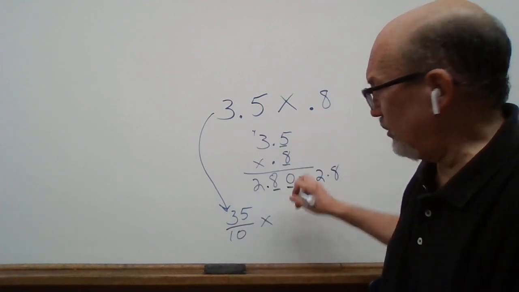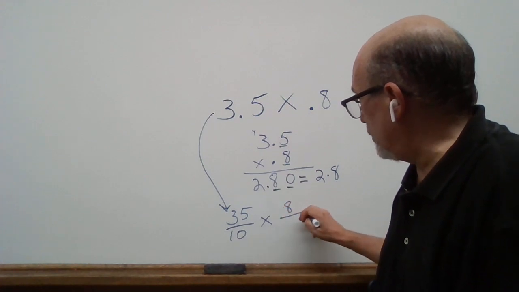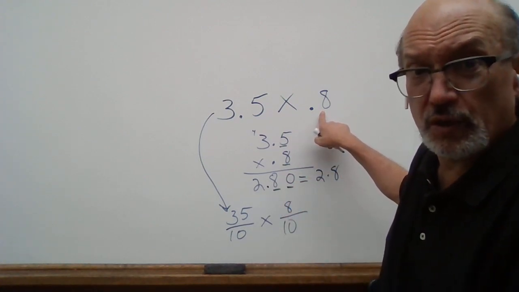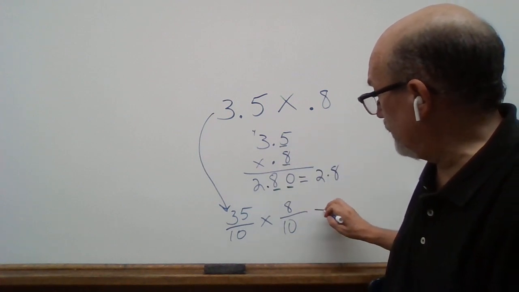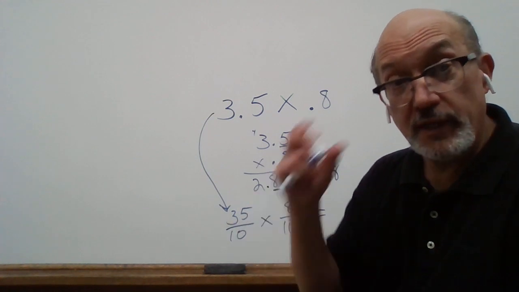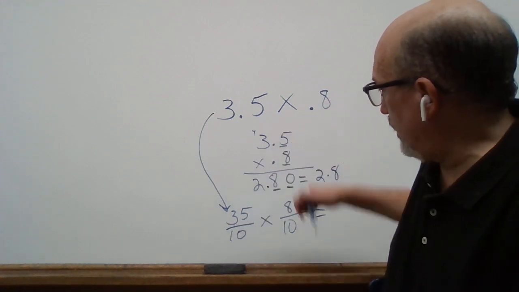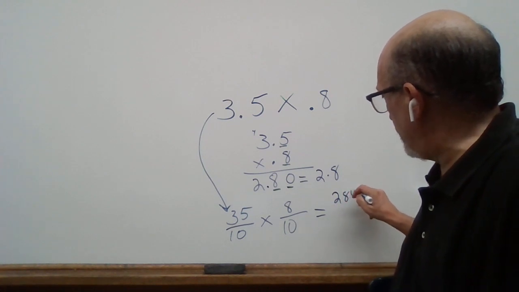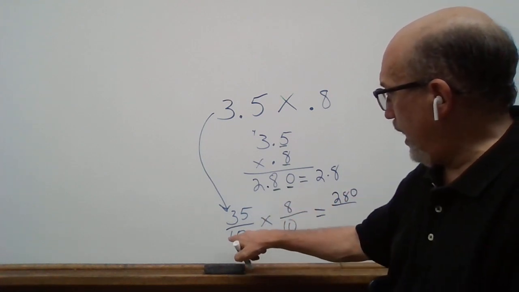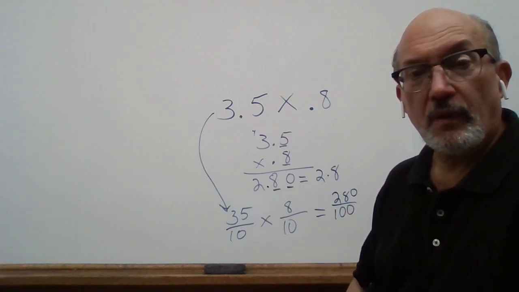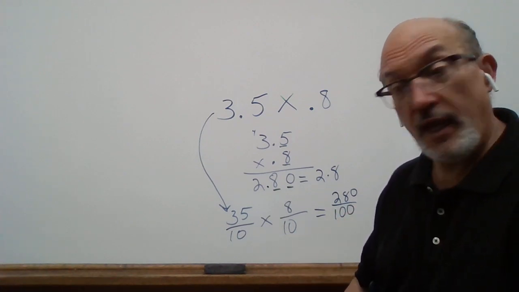Now you see an 8 here, so that's the numerator. The denominator is again 10, because you've got 1 digit to the right of the decimal point. We multiply across the top and bottom. We've already done 35 times 8 right here, and of course it's 280. 35 times 8 is 280, and 10 times 10 is 100, so 280 over 100 is the answer.